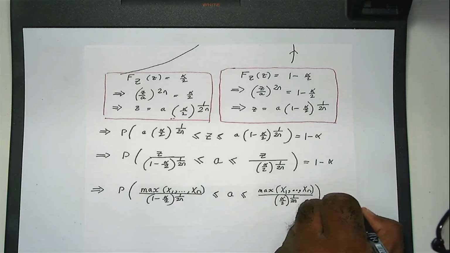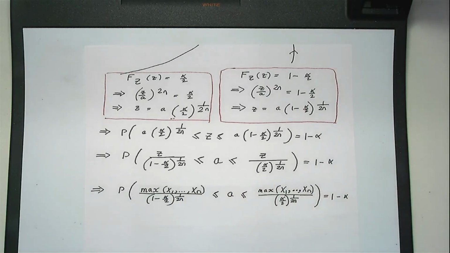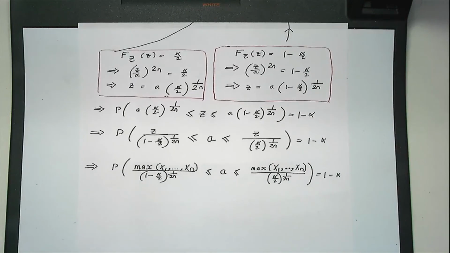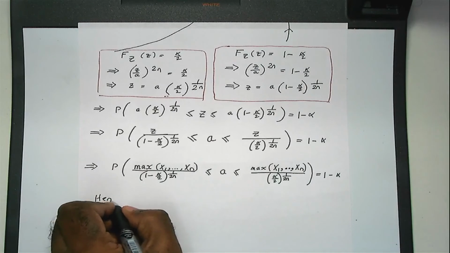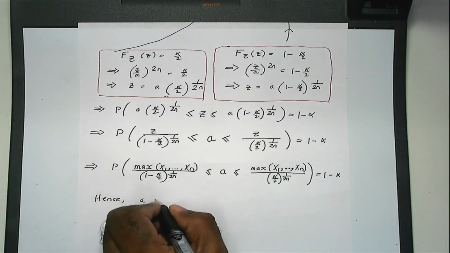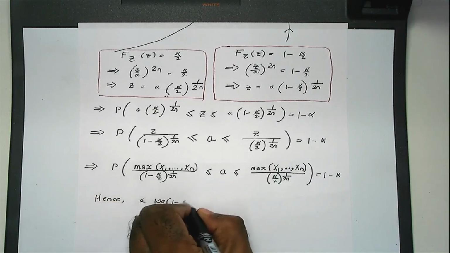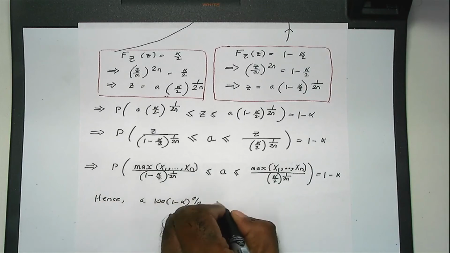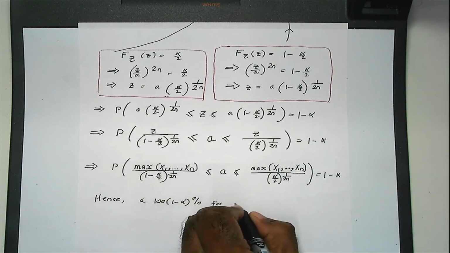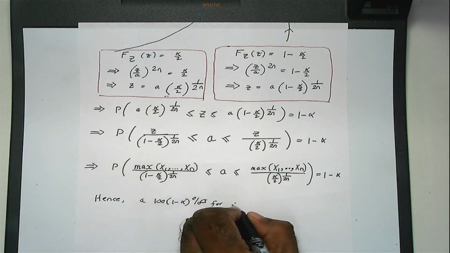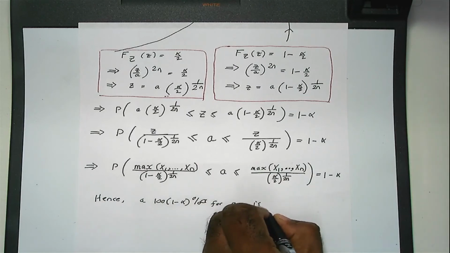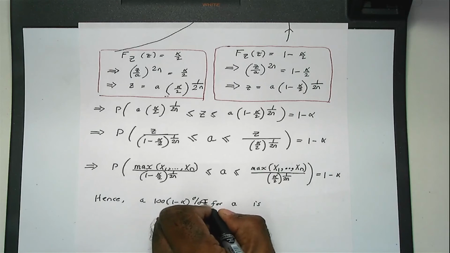Alright, so hence the conclusion, to conclude, the confidence interval CI for A is the following.